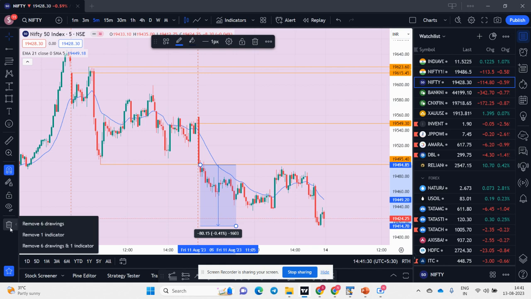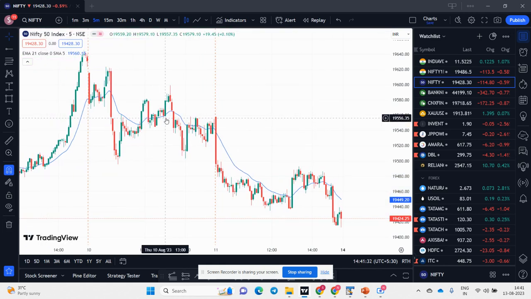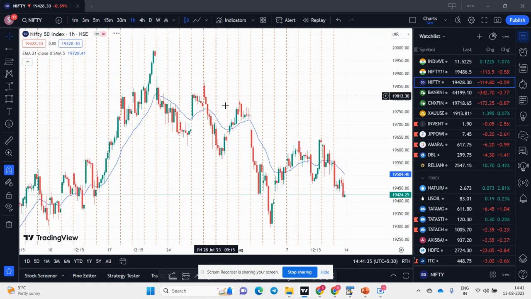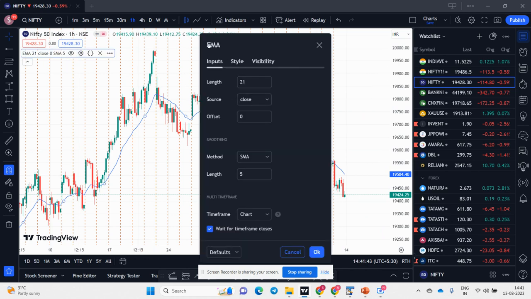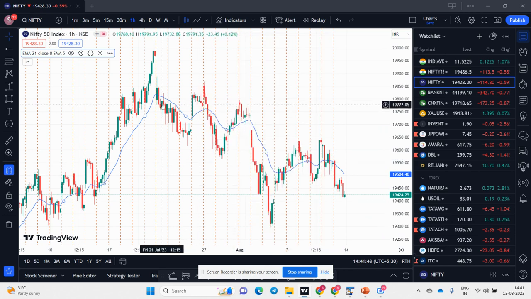Let's go to the 1 hour chart, and since I have already drawn it, this is what it shows. I have already put an exponential moving average, the 21-day average, and the market should be trading below this one.